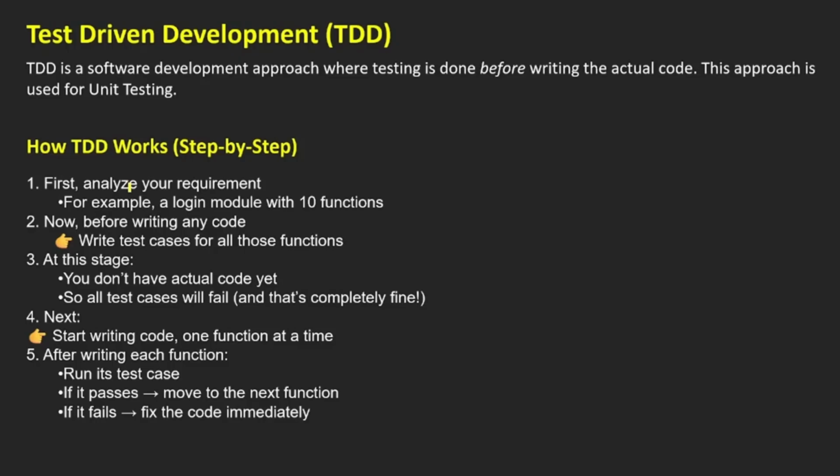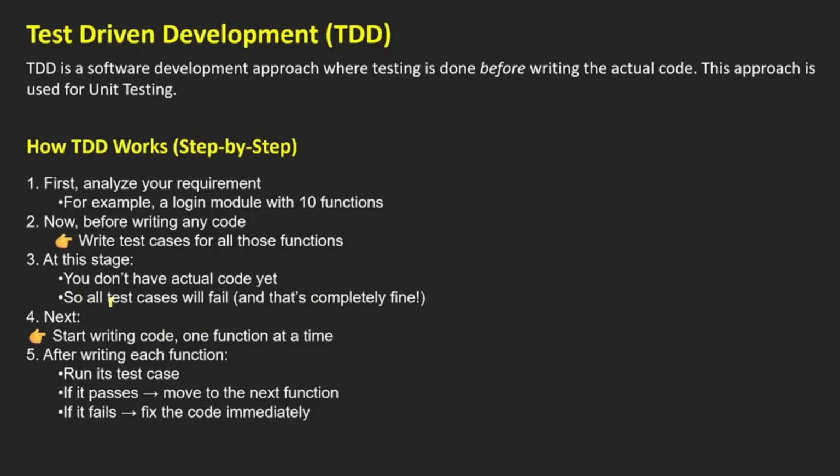Before even writing the actual code for the login functionality, we will first write the unit test cases for testing the code which we will write. So at this stage, we don't have the actual code yet. So if we execute our unit test cases, they will all fail, which is completely fine because we have not written our actual code yet.